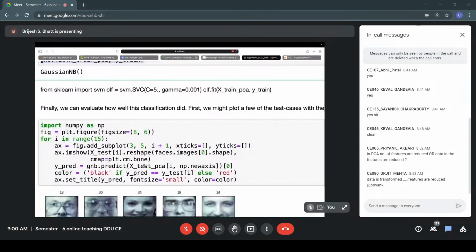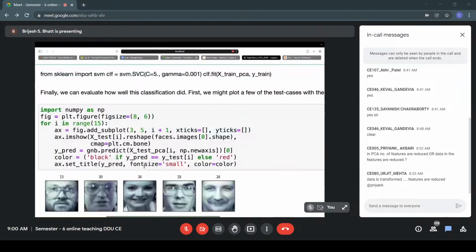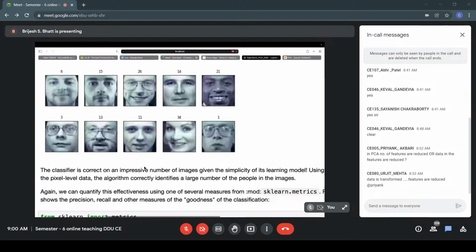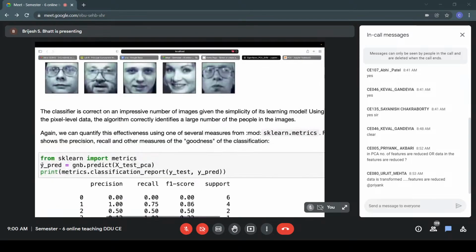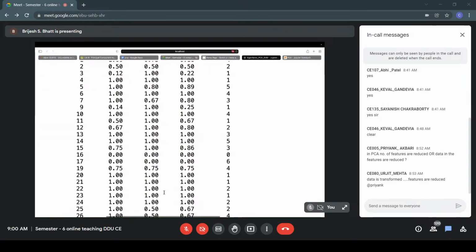And then import the image and all that, the regular steps that we do for data loading and learning. Then with the Gaussian naive-Bayes we have learned, predict and calculate precision and recall. Precision, recall, F1 and support. So this is the data output for that. And print the confusion matrix.